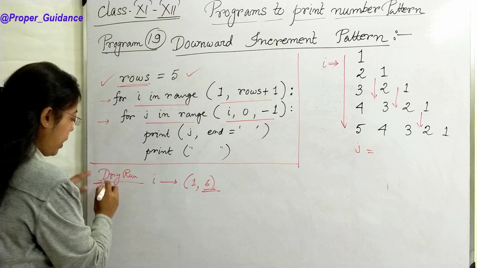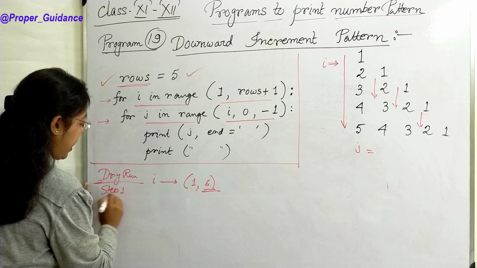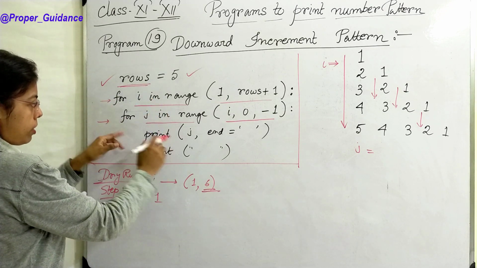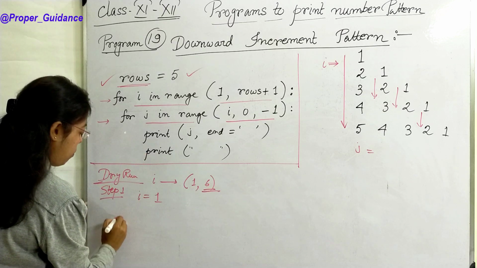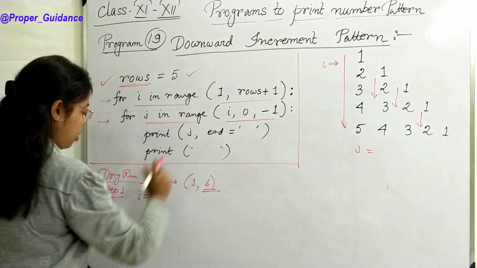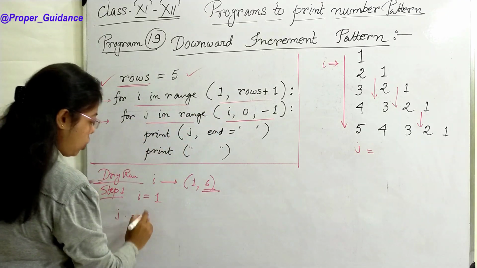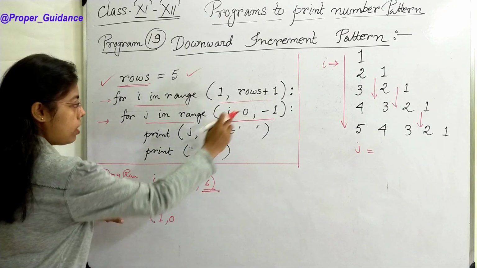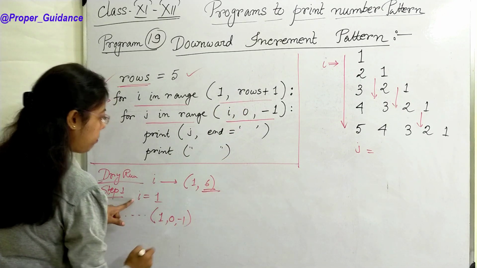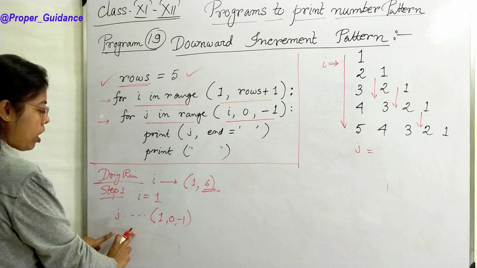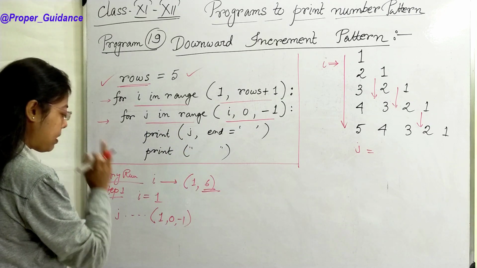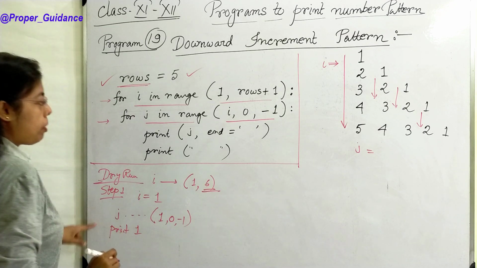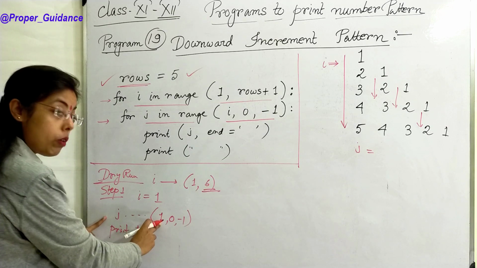So in step 1, we get I equals 1. Then the loop starts and it will go for j in range this. So the range of j is 1, I means 1 here, 0 and minus 1. Print j. Then what will it print? Obviously it will print 1, because the value of j will be 1.